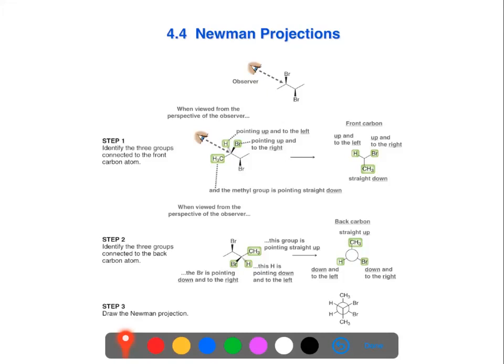The Newman projections are just going to show the arrangement of atoms around 2 particular carbon atoms. You can see in this example, we're looking down carbons 2 and 3. We'll refer to this as the C2, C3 bond axis.